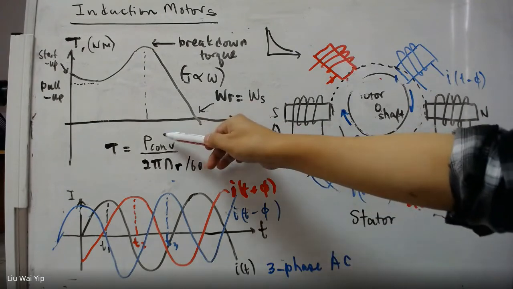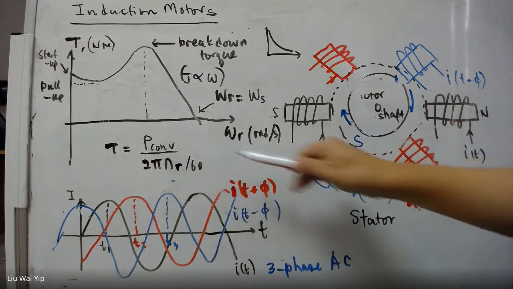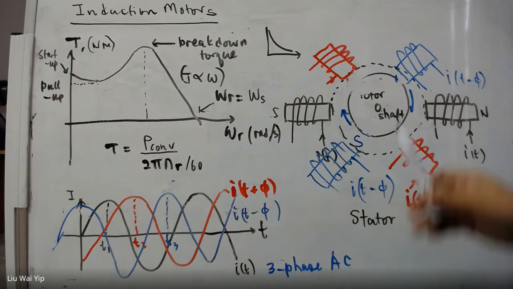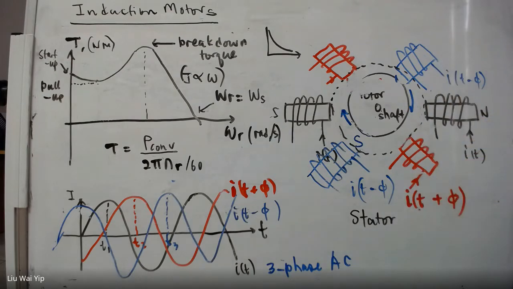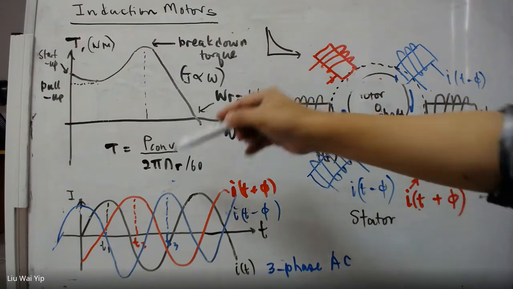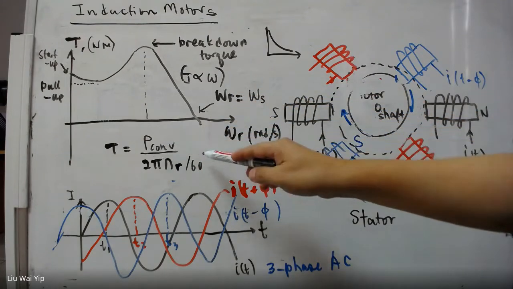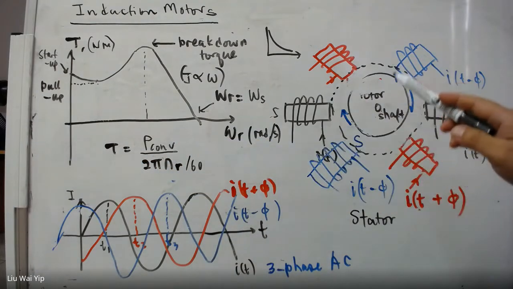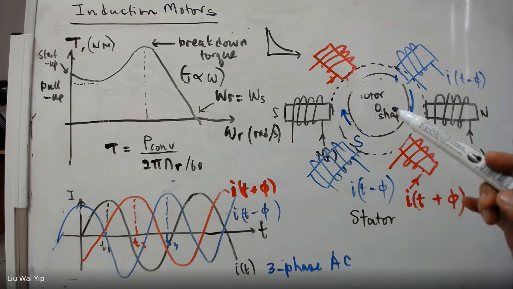The converted power must be a function of the speed of the rotor. So today we are going to model the transformer, and at the end we will be able to use the models to derive the torque-speed relations of the induction motor.